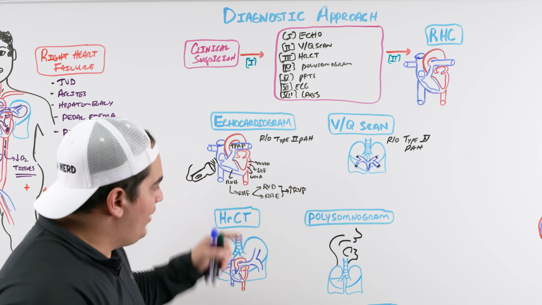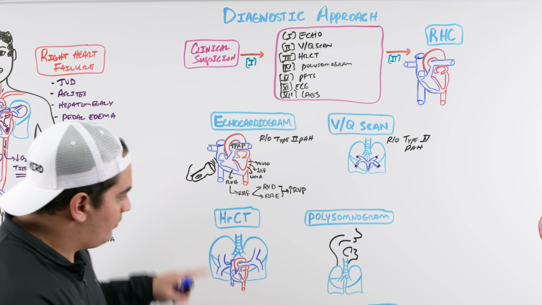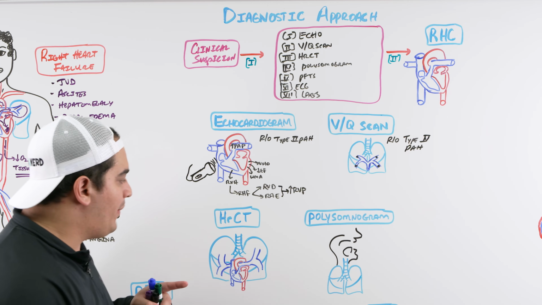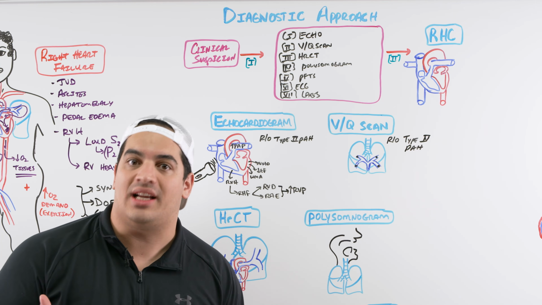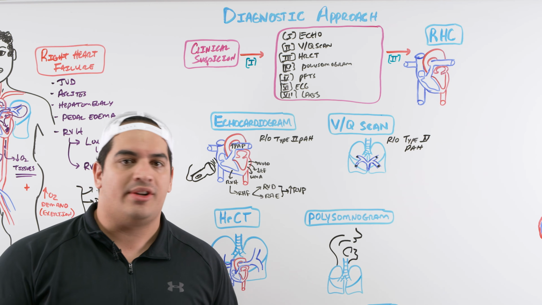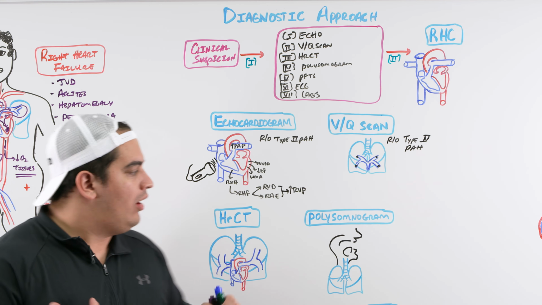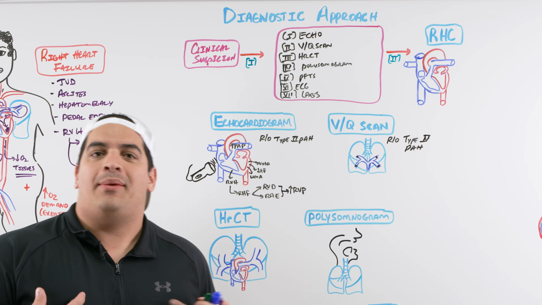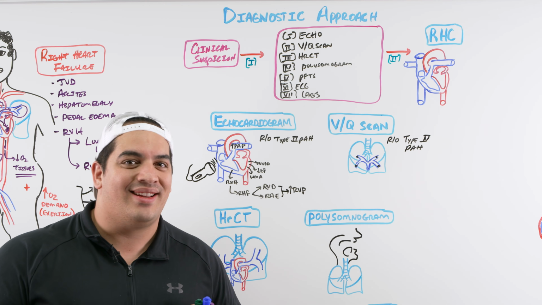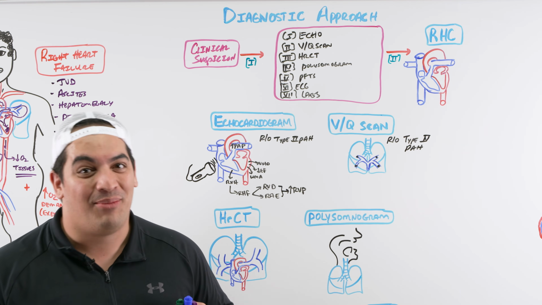So when I do a high resolution CT scan, this is actually an important one. You're probably like, oh wait, I thought they do chest x-rays. They can do chest x-rays. Chest x-rays will show somewhat of the similar features of a CT scan, but a high resolution CT scan will also help me to rule out a type 3 pulmonary artery hypertension.